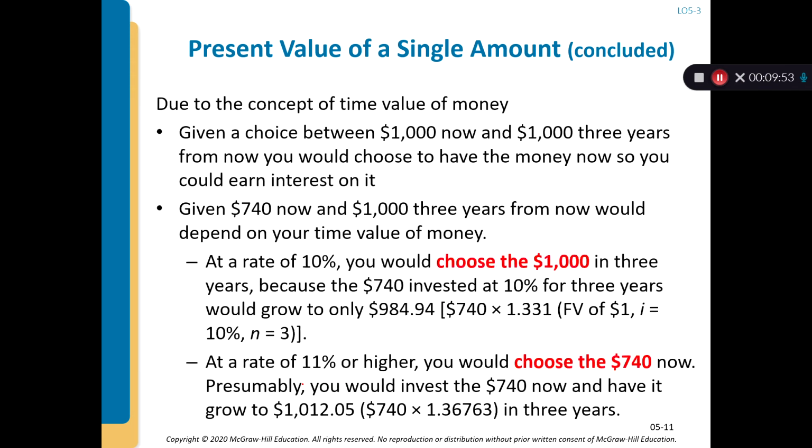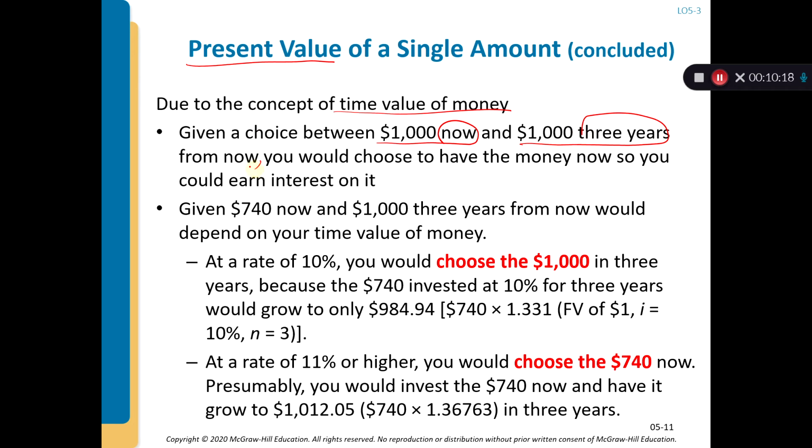And then this one will be very interesting because since we know the present value of a single amount in the future, let's do a quick exercise here. Due to the concept of time value of money, given a choice between $1,000 now and $1,000 3 years from now, which one would you choose?